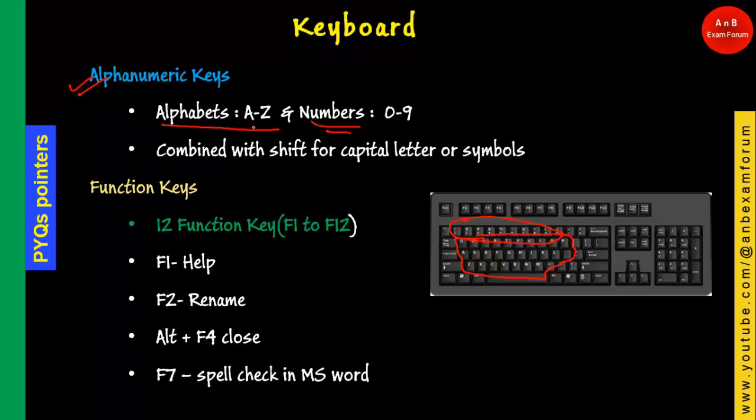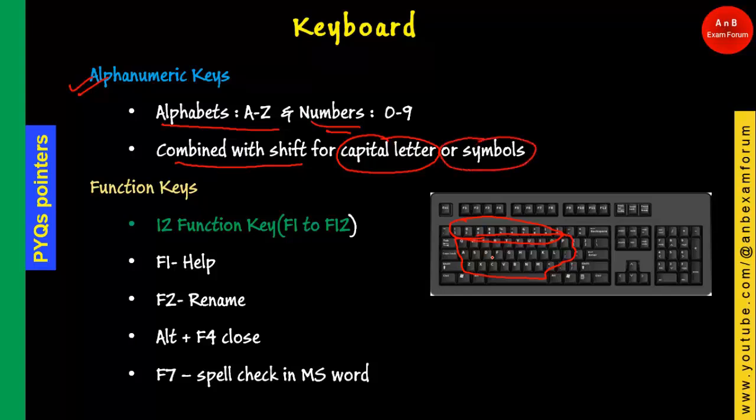So 10 numbers are there, 26 alphabets are there. And you should remember that when these keys are combined with the shift key, they are used for obtaining the capital letter or the corresponding symbols.